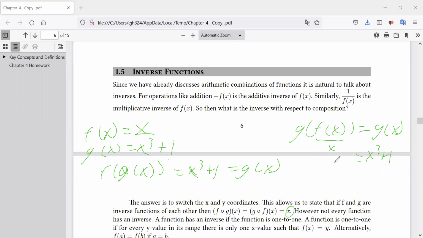So this is the thing that we're trying to get back to. The inverse now is just whatever I compose this with that gets me back to just x. It gets me back to the identity, just like how I multiplied by 1/2 to get back to the multiplicative identity for 2, or I added -3 to get back to the additive identity 0 for 3 there.